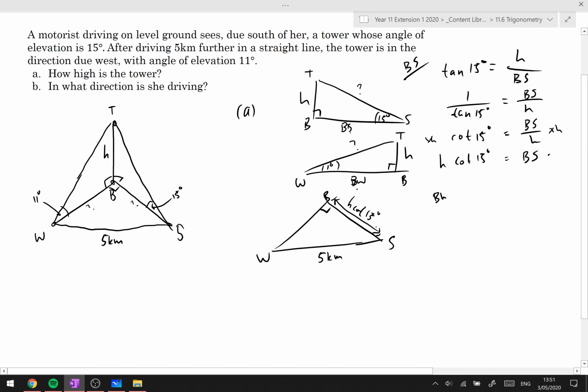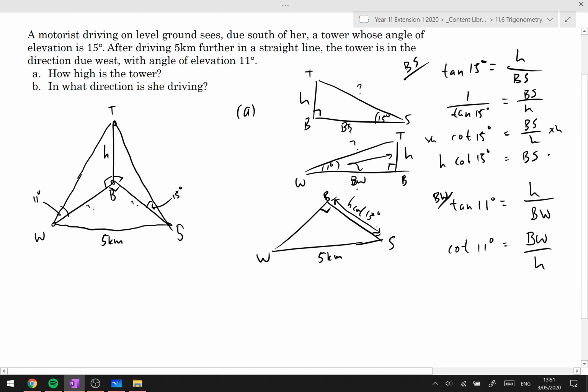Now we're going to do one for BW. Same sort of thing. We've got the h, and we're trying to find this side, so we're going to be using tan. So tan of 11 degrees is equal to h over BW. Now I'm going to take the reciprocal of both sides. Taking the reciprocal of tan gets me cot, so cot of 11 degrees is equal to BW on h.